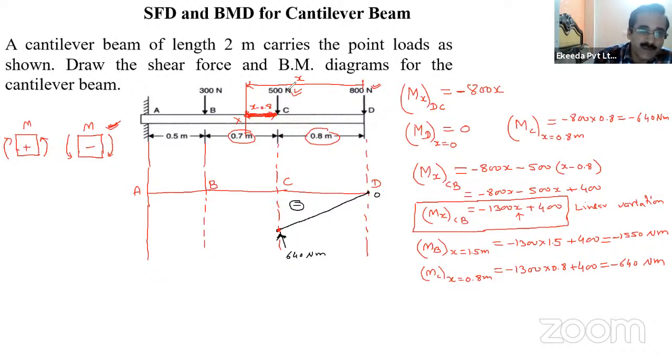Because this force is acting through this point only. So at this point, this is the bending moment.